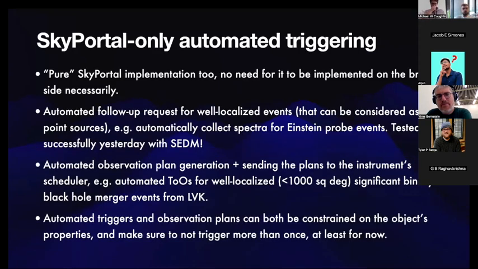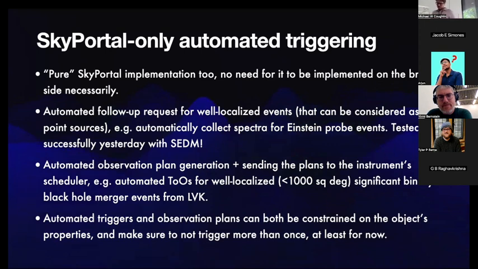On the marshalling side, we can also do this purely in SkyPortal. So this means that you don't necessarily even need access to a broker specifically to be able to make this happen. For example, within ZTF, we use this for automating follow-up for multi-messenger events that pass some criteria.